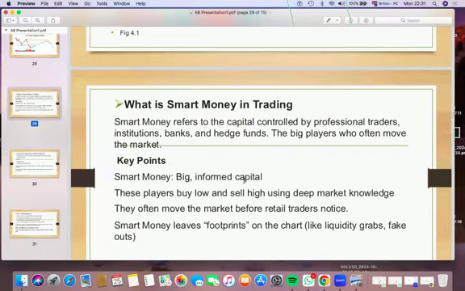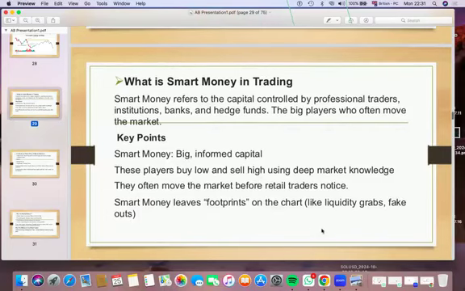They are the hedge funds, the banks, right? They place huge orders in order blocks, okay? And at times they fake liquidity with fake outs, okay?